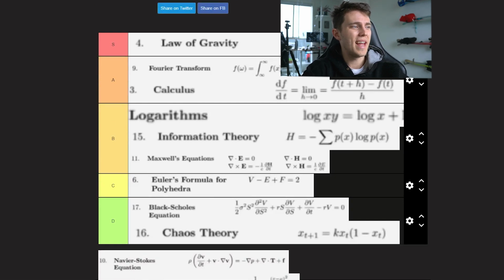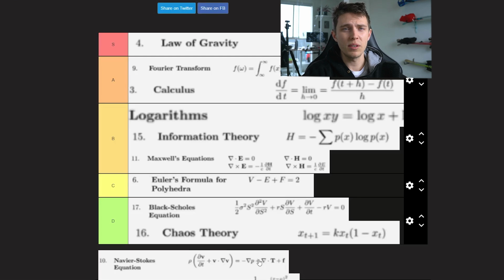All right, the Navier-Stokes equation. It's used in fluid dynamics, and it describes how changes in pressure and velocity and temperature and viscosity, a wide array of different variables, have an effect on a lot of fluid dynamics properties.